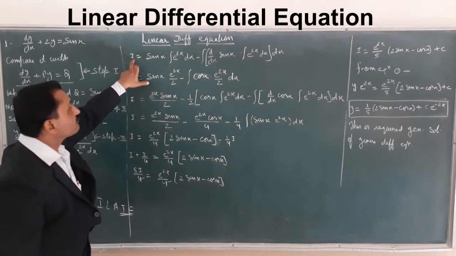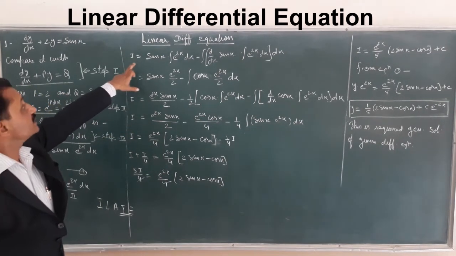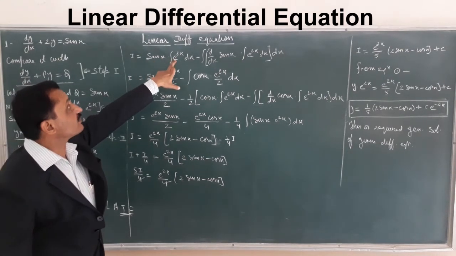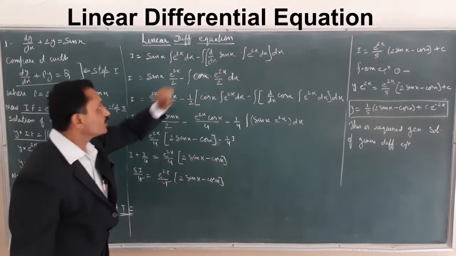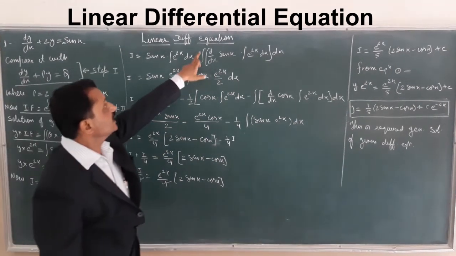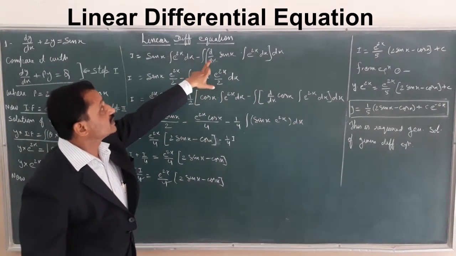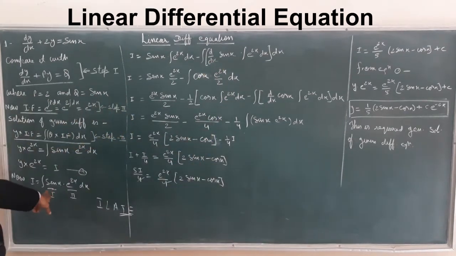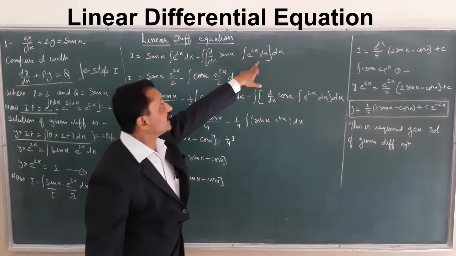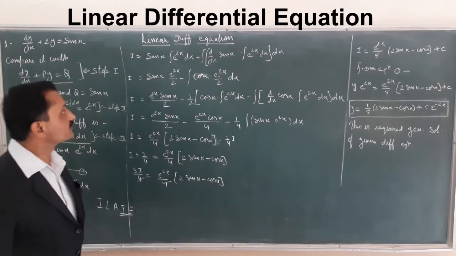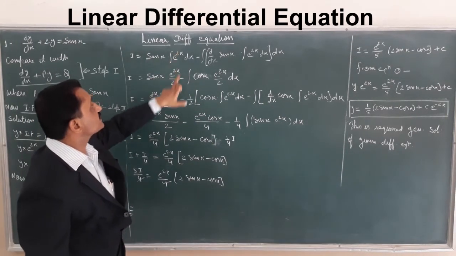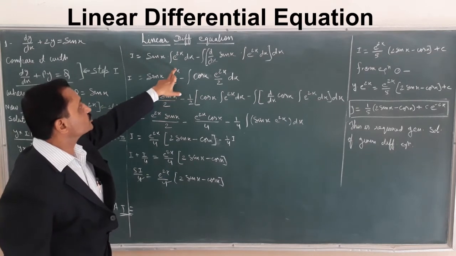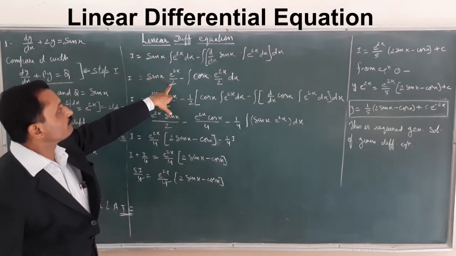Now our integration formula is: first times the integration of second, minus the integration of the differentiation of first times the integration of second, dx. Sin x as it is, the integration of e to the power 2x is e to the power 2x upon 2.